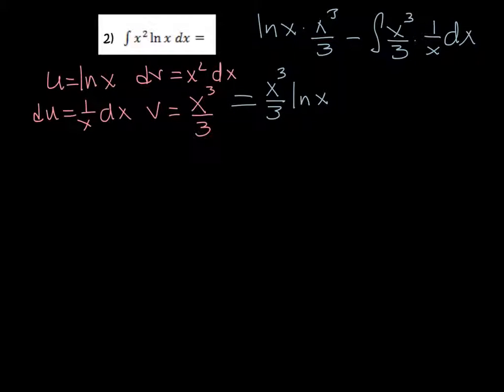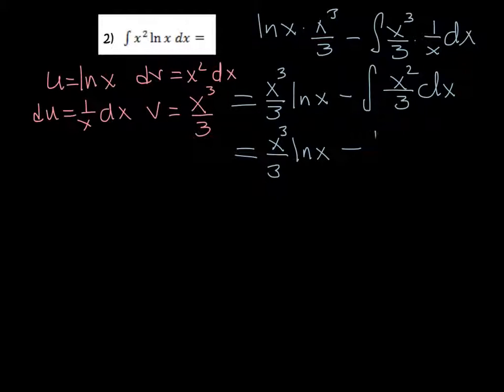Now, we need to find the integral of this, but before that we can simplify easily, because x cubed over x equals x squared, over 3 times dx, and that integral can be done just by using basic rules.